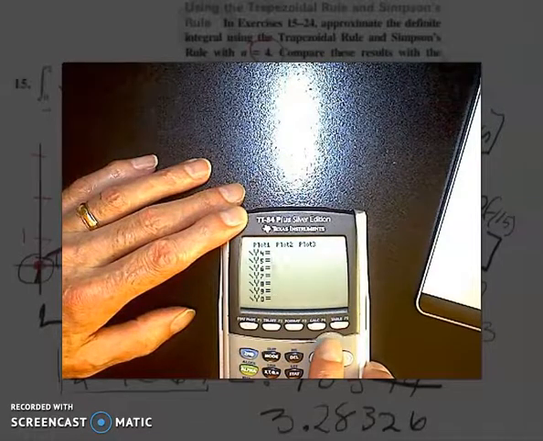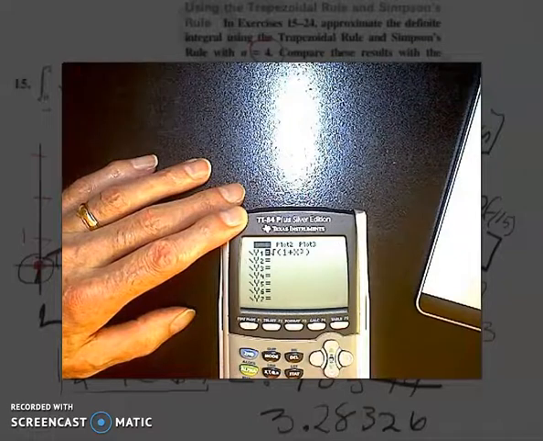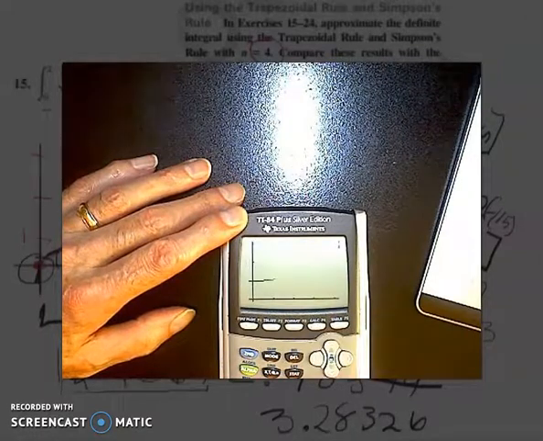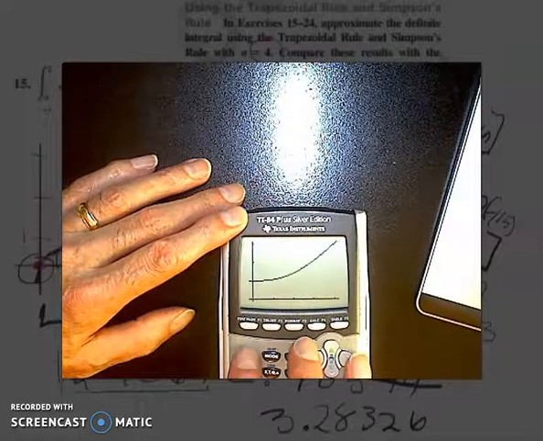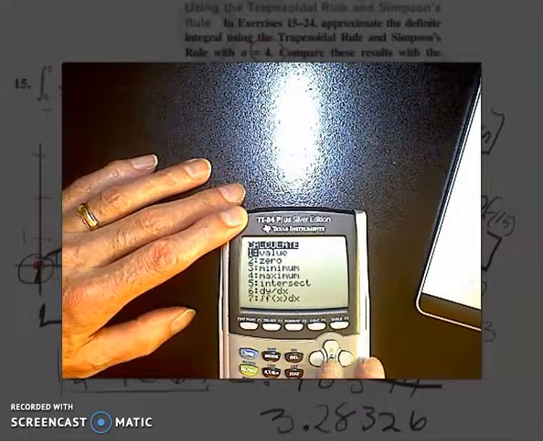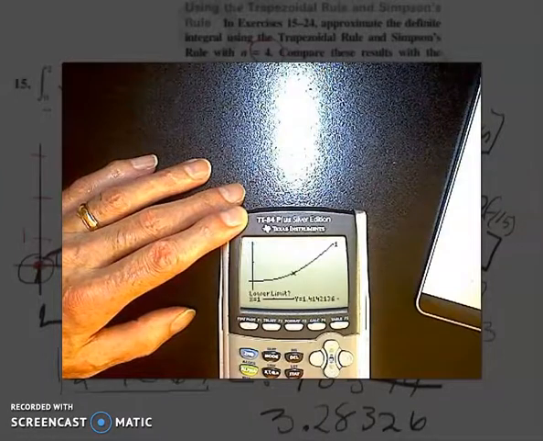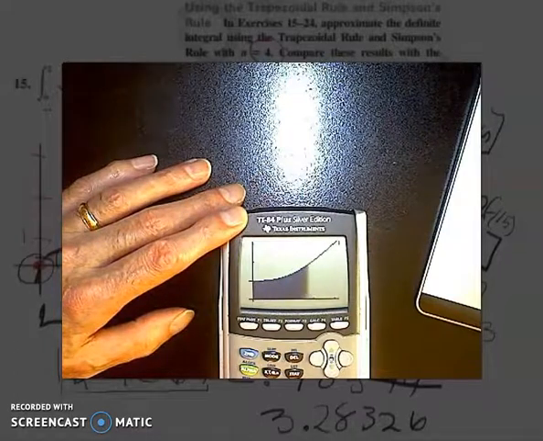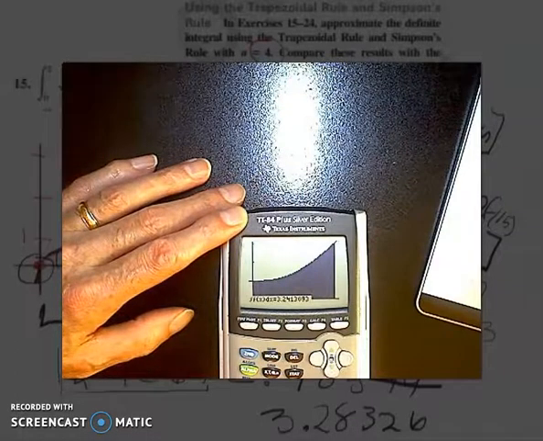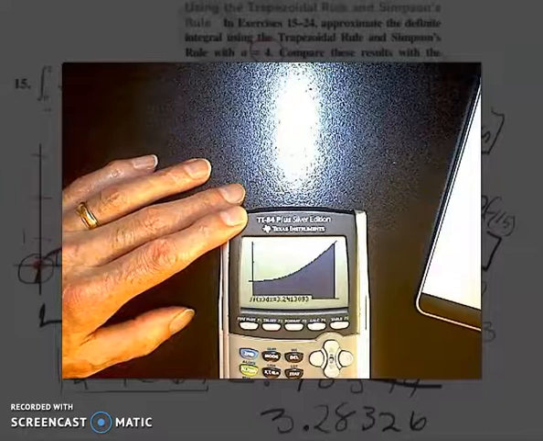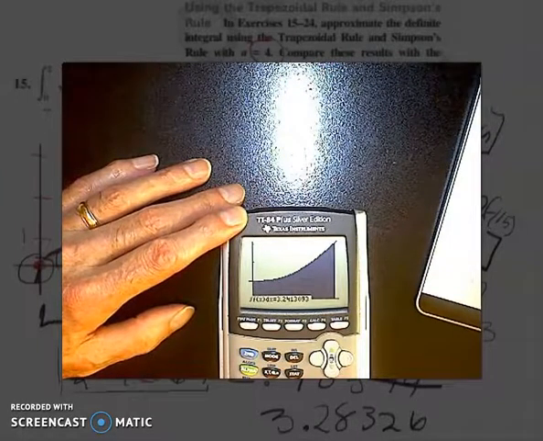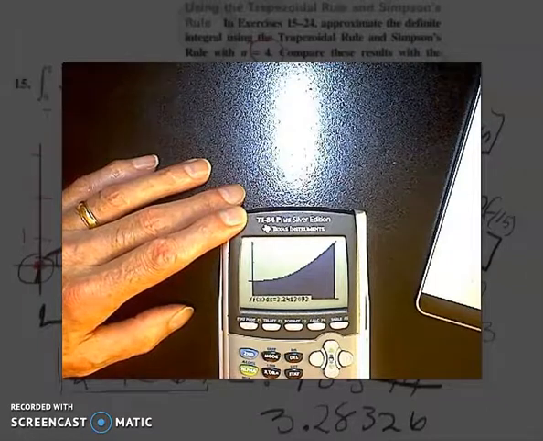Don't ask me how that happened. But anyway, we're going to graph that. Here it is right here. And then we could just use the little tool of the graphing calculator. Go down to 7, 0 to 2, and lo and behold, we have right here 3 point whatever. Okay, so 3.24.